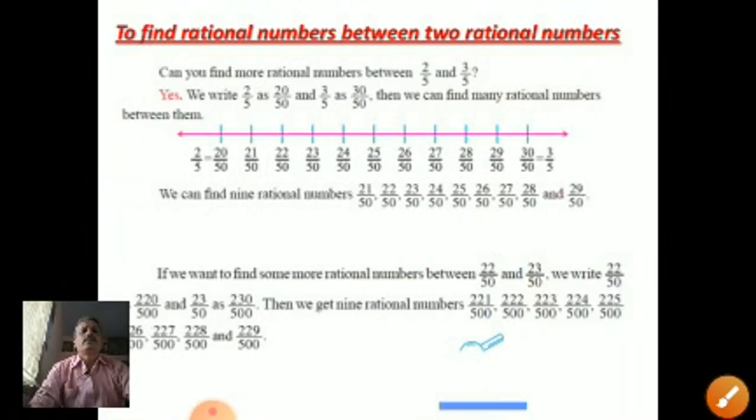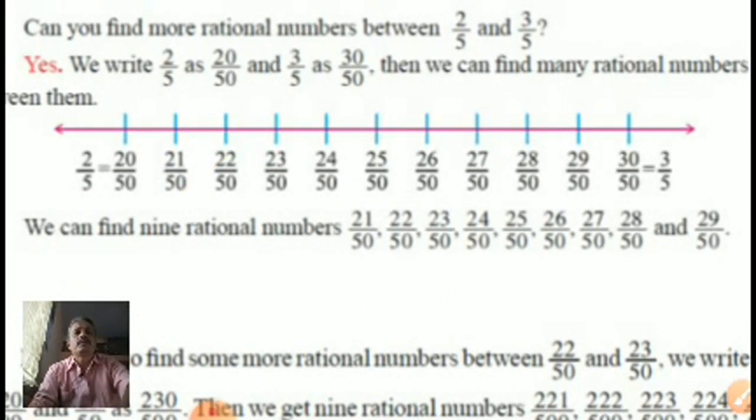Now, we can find rational numbers between two rational numbers. There are so many you can get. How to check this? Very simple way. Suppose, can you find more rational numbers between 2 upon 5 and 3 upon 5? Yes, we can write 2 upon 5 as 20 upon 50. Why?